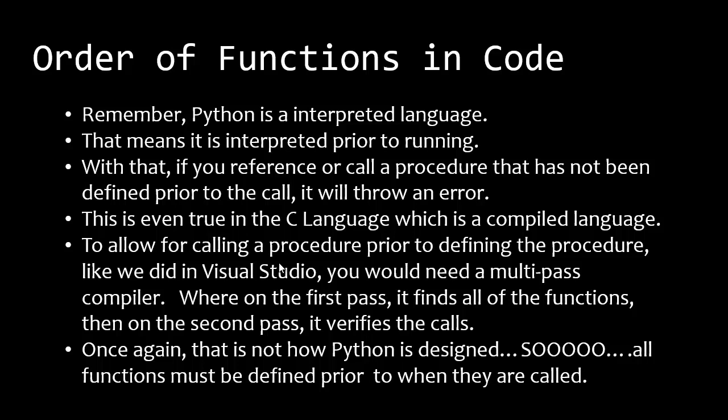An interpreted language, on the other hand, really starts from the very beginning and goes through it one time. It's interpreted prior to running the code. It does not require an executable. You just basically say run the .py file versus a .exe, which is usually the result of a compiler.